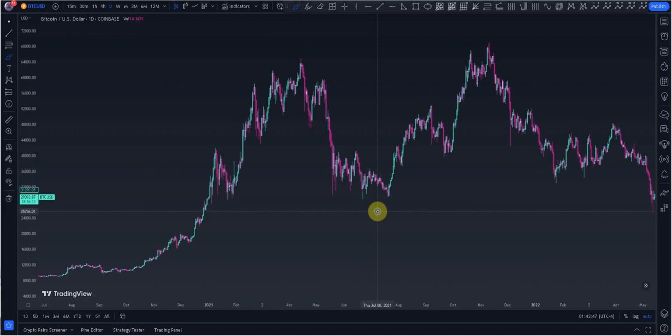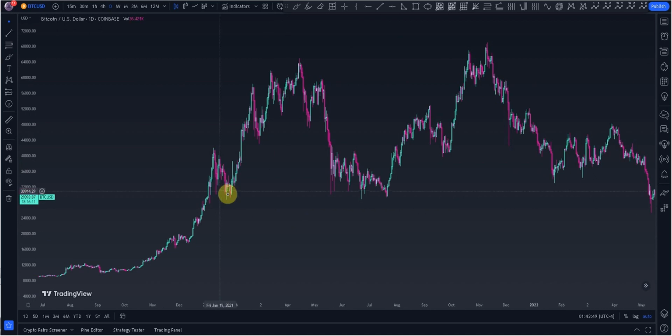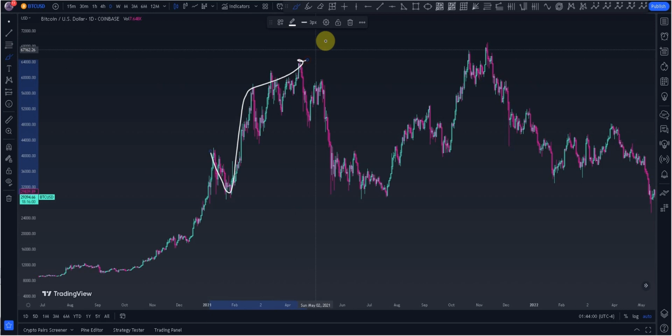Whoops, I just got rid of all my indicators there, but whatever. So we've got the uptrend, we've got a change of character in that trend. What follows will be a buying climax, which ultimately is over here.